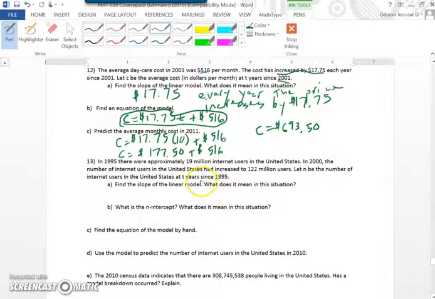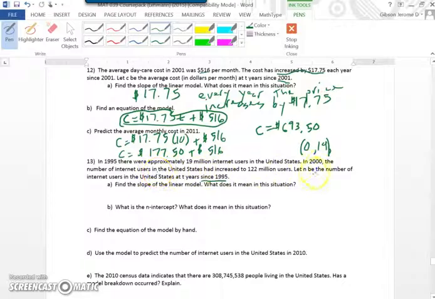But one of the key things you need to know here is the since 1995. So if we convert these years to reflect since 1995, the first year we'll have 19 million. We'll just put 19. And then, actually, no, it should be 0 first. It'll be 0 for the year, and then 19 for the 19 million users. That would take care of the first batch that we have in this problem.